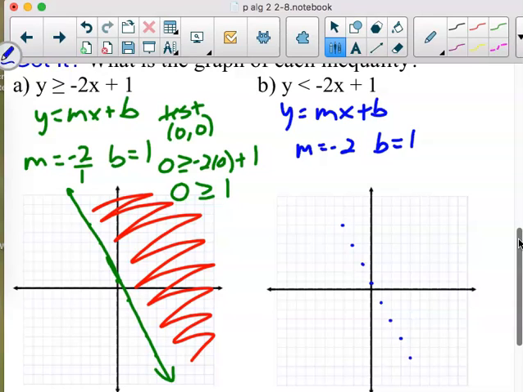Pause button. Dashed or solid? Dashed. There's no equals bar. That is less than. Mine's kind of looking dotted, but dashed or dotted is fine.